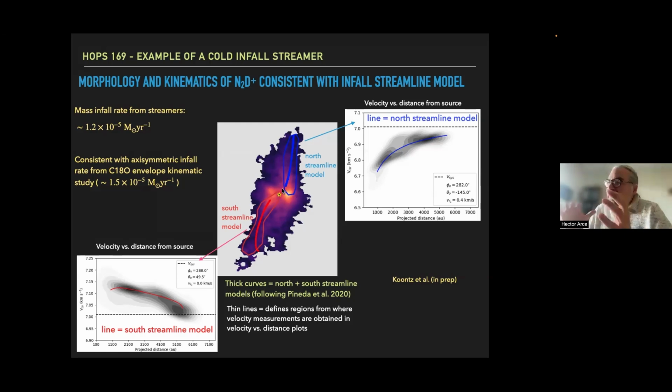It looks to be more spherical and symmetric, and so you have two kinds of infall feeding the protostar: the classical axisymmetric infall as traced by the C18O, which we also derive to be around 10^-5 solar masses per year, and the less classical, I guess, infall streamers, non-axisymmetric infall that appears to be happening also in this particular source.